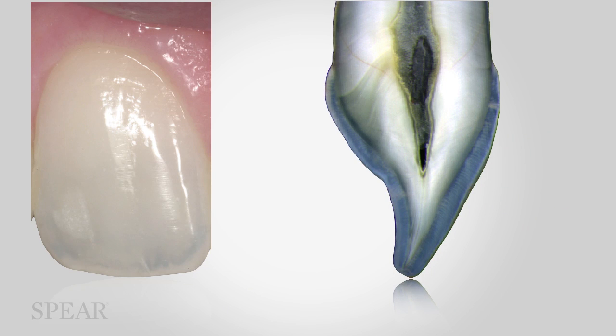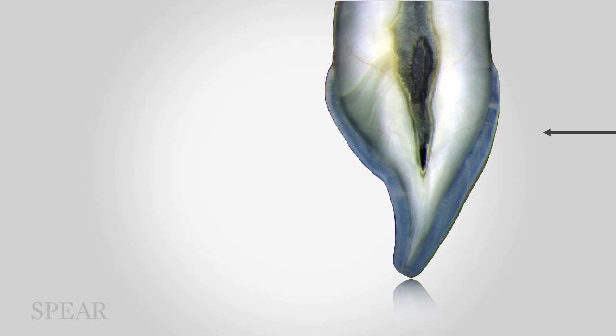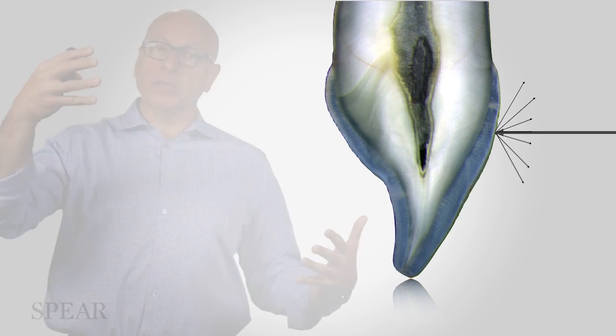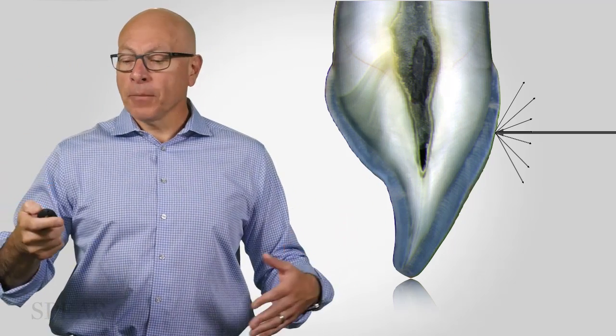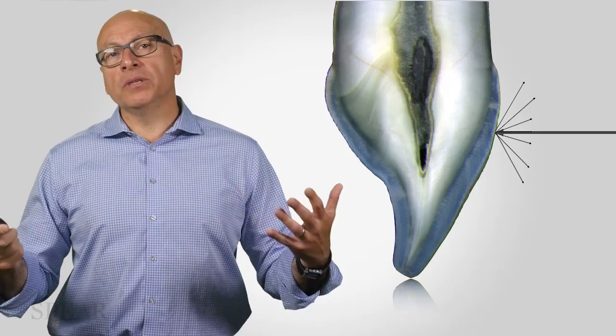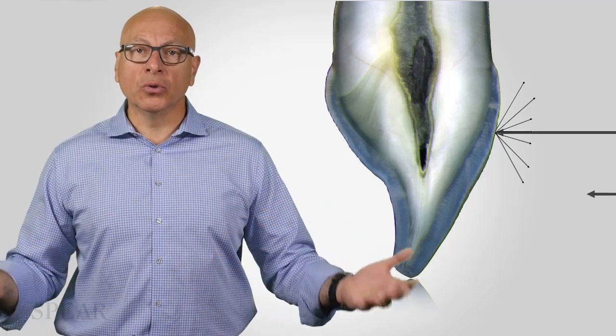And if we do a section and see how we look at a tooth, how that tooth looks like that is because of interaction with the light. Some of the light will hit the tooth when it's illuminated. Some of the light is reflected. That's when we see surface texture, contour.